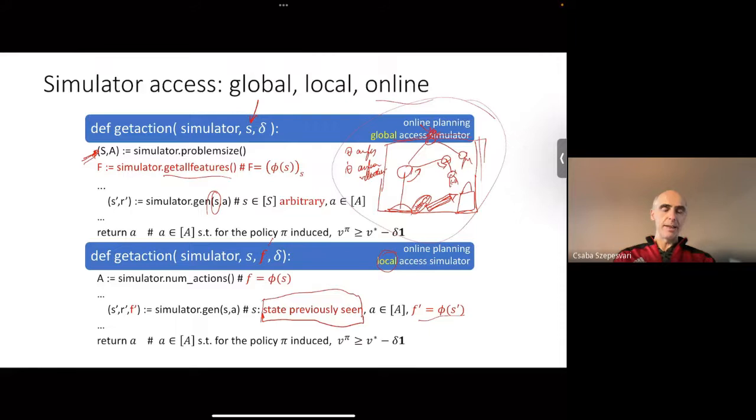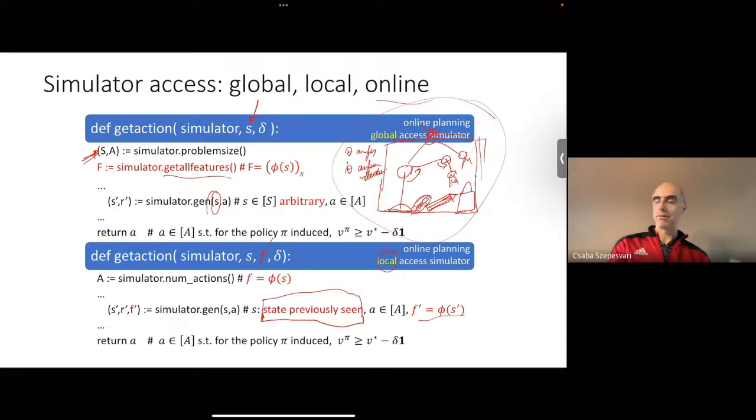And it is possible that planning algorithms that have online access only are so severely restricted compared to planning algorithms that have global access or even just local access that they cannot do as much. Maybe they have to do a lot more computation just because of this. We'll talk about this later.